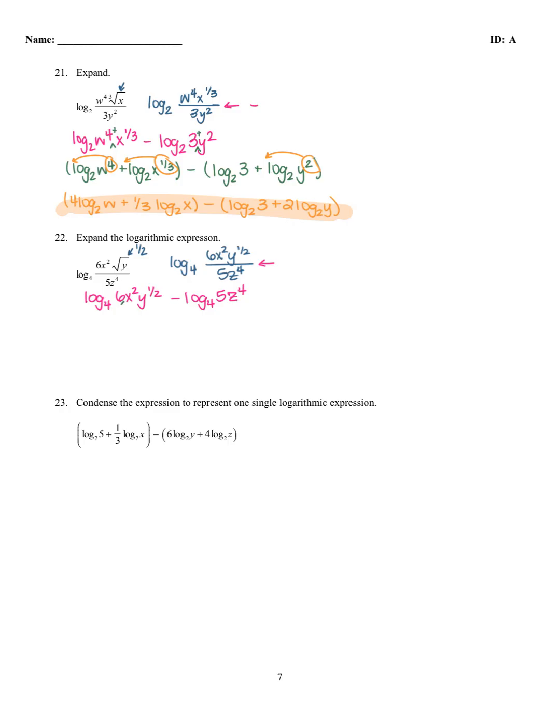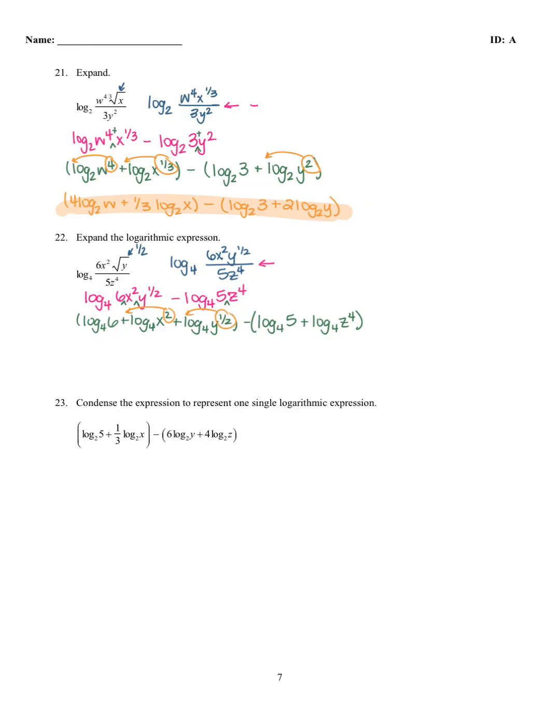Now you're going to separate all your multiplication using addition. So that becomes log 4 of 6 plus log 4 of x squared plus log 4 of y to the 1/2 power minus log 4 of 5 plus log 4 of z to the 4th. Lastly, you're going to move those powers to be coefficients.